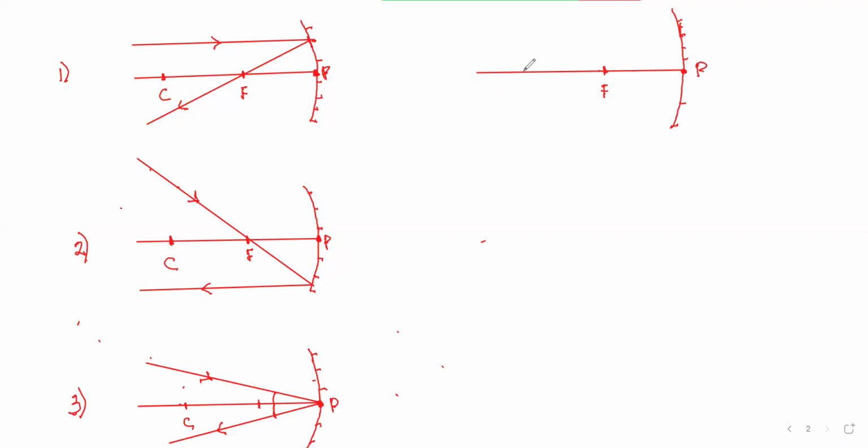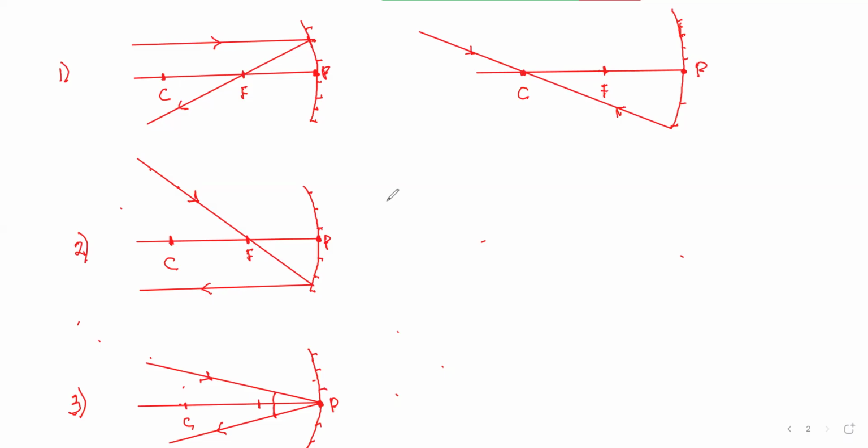If you are not given exact values, take values yourself and then apply the rules. So a ray of light which is hitting the mirror at an angle of 90, no matter where it is coming from, must one, reflect back along the same path, and two, converge or pass through the center of curvature.